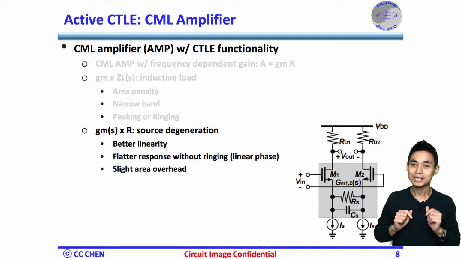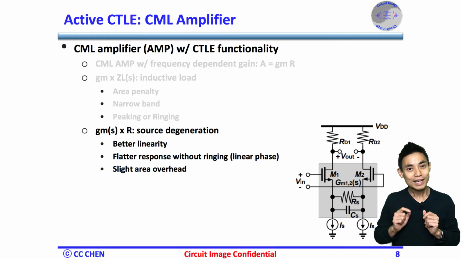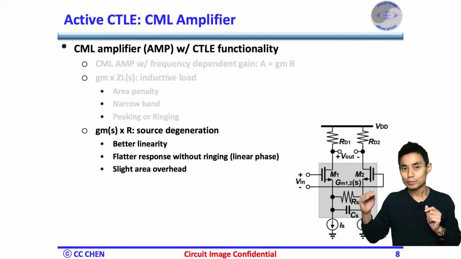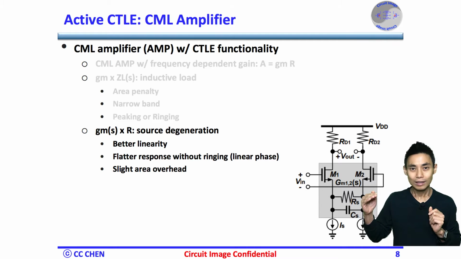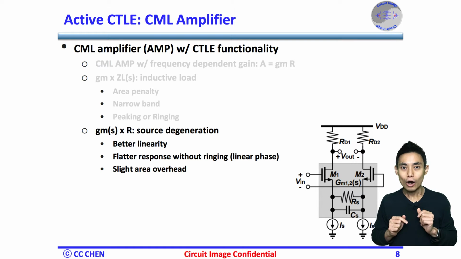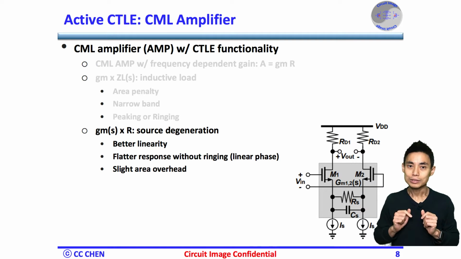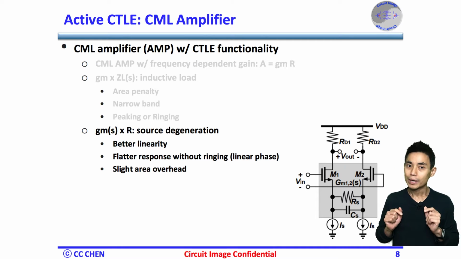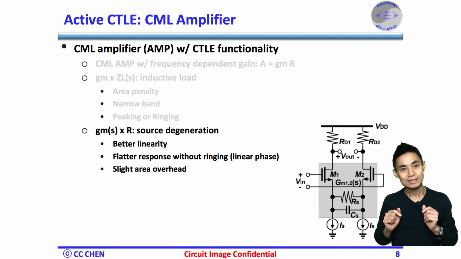Thanks to the source degeneration, the CTLE has a better linearity and a flattened frequency response without ringing. Also, the area overhead of the source degeneration is not that serious, and it provides us with better pole-zero response tuning and less design complexity.